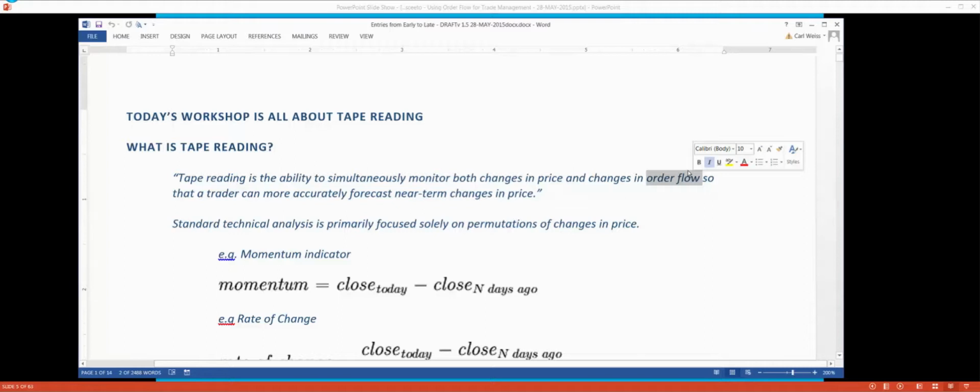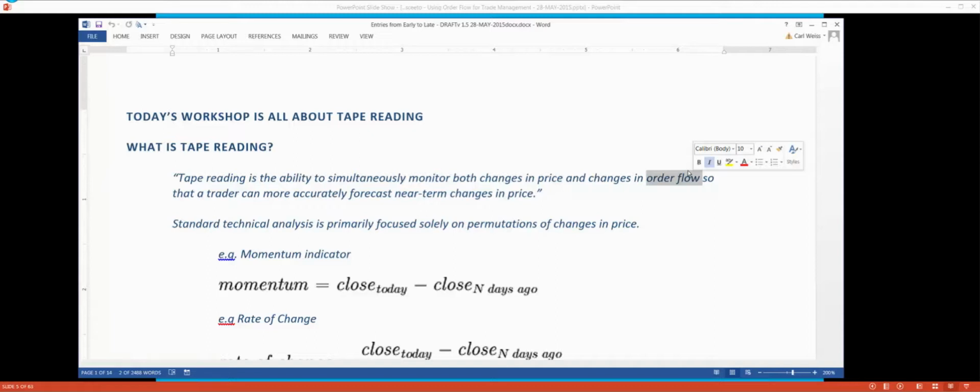For this price action, I should have concomitant order flow. If I don't, there is a discrepancy, and I don't have a clear crystal ball. And if I do have congruence or reinforcement of order flow on the tape behavior, on the price behavior, I should be in good shape. And that's really part and parcel of what we're going to talk about today. That's the bulk of it.